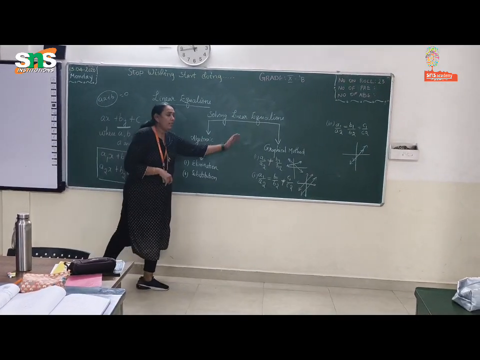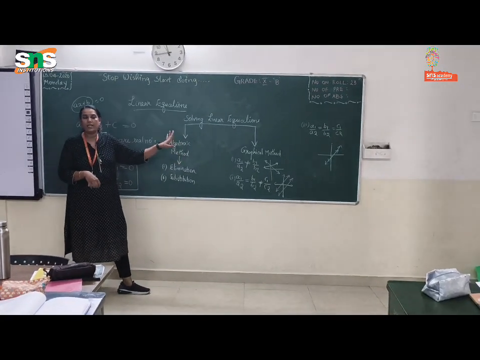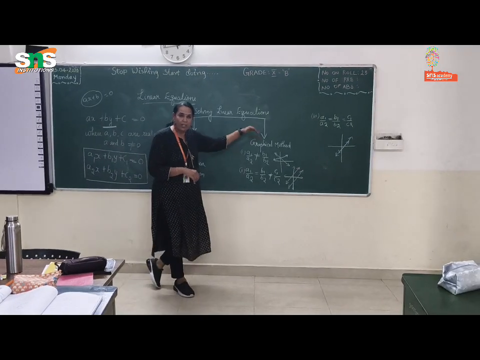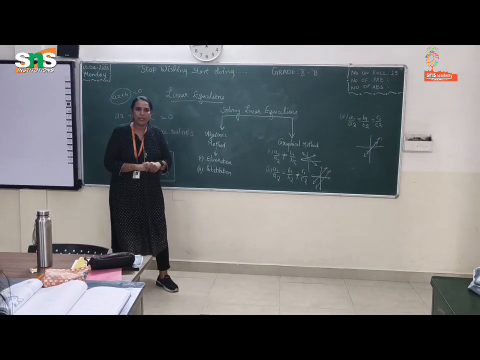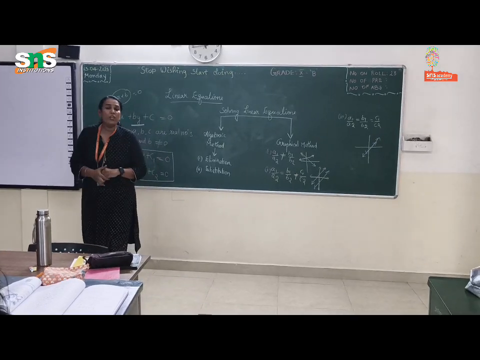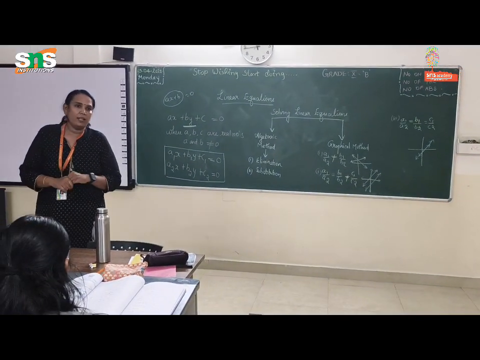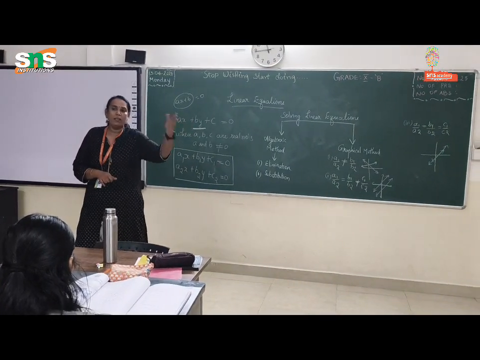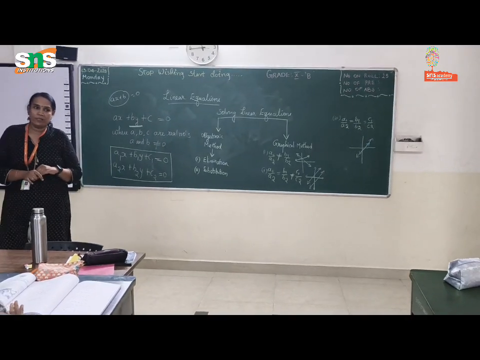The next one, graphical method. It is a very important and easy method. We have to show it in a graph. Then we decide what type of graph we are using. Before the graph, when you are plotting a linear polynomial in a graph, what do you get? A straight line.